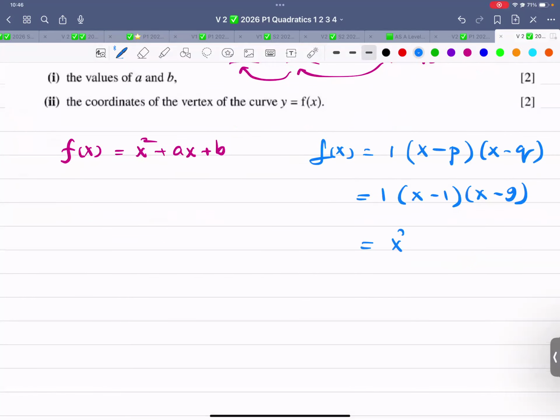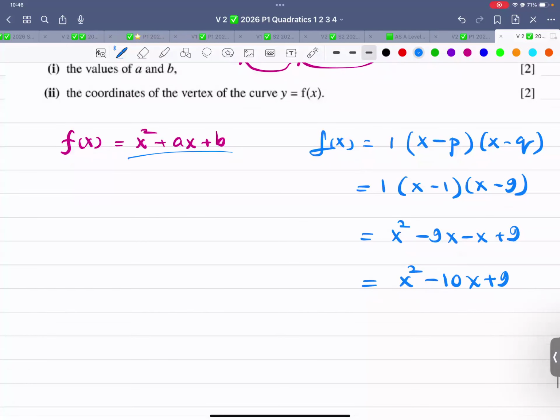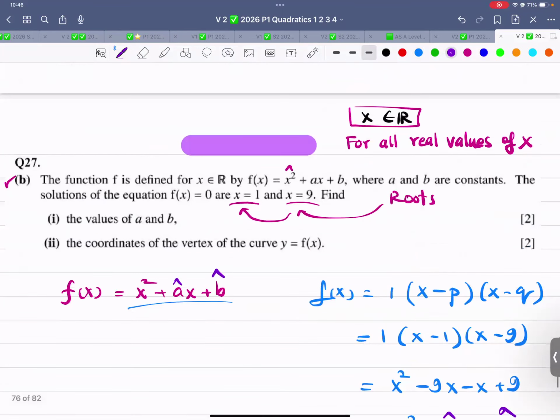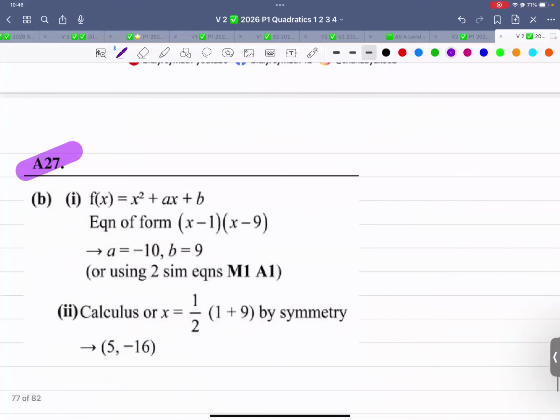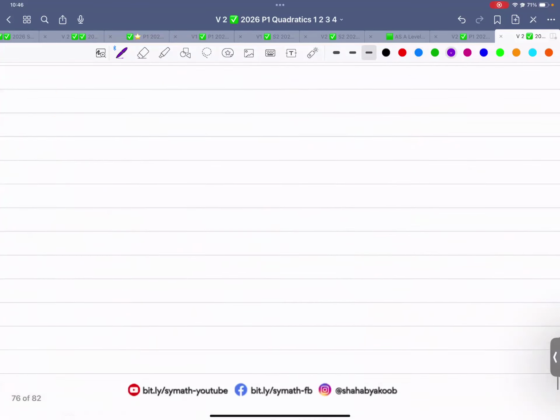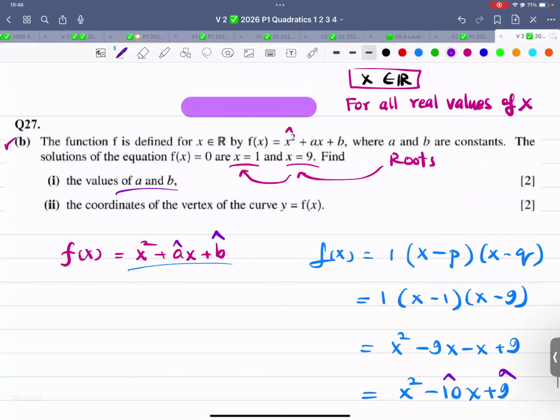Expand. x squared minus 9x minus x plus 9, that is x squared minus 10x plus 9. Compare it with this. So ax is negative 10x. So a is negative 10, b is 9. What are they asking? Find the values of a and b. So this is negative 10 and this is positive 9. That is good. Of course, you can also solve it simultaneously.